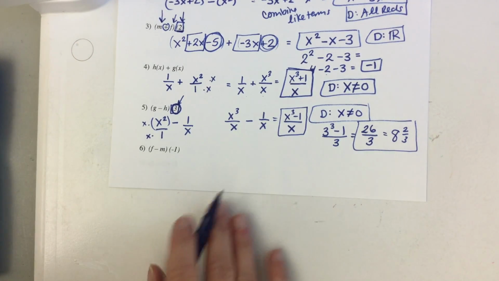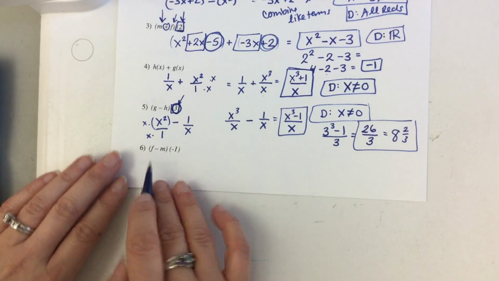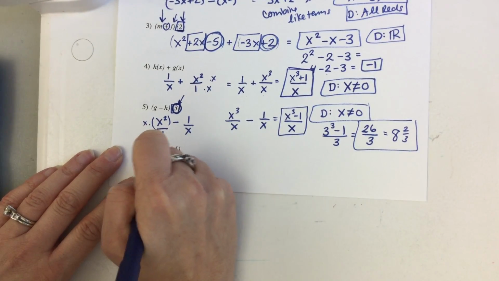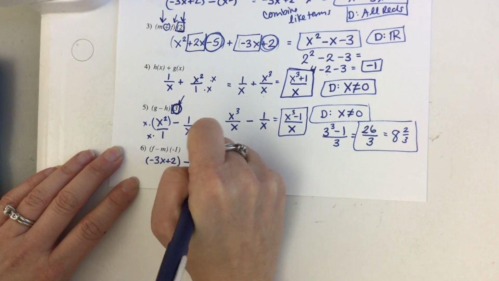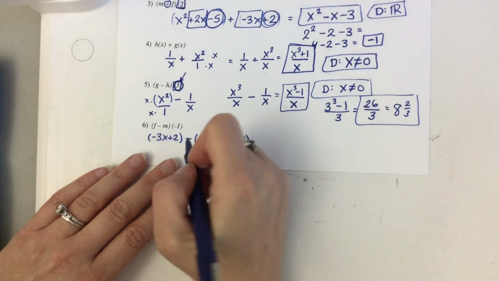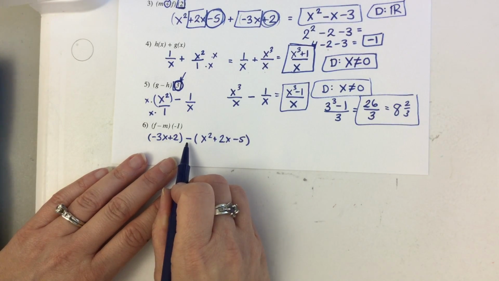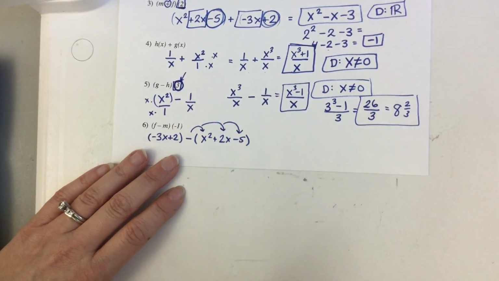Okay, last one like this. F minus m. So f is negative 3x plus 2 minus m. Now m this time has 3 terms, so this is super important. This negative, if you are minusing a function, you need to make sure that you minus every single term.